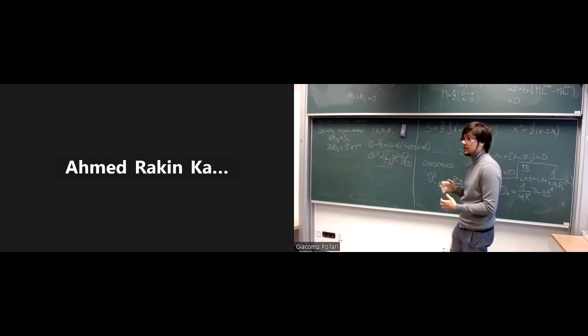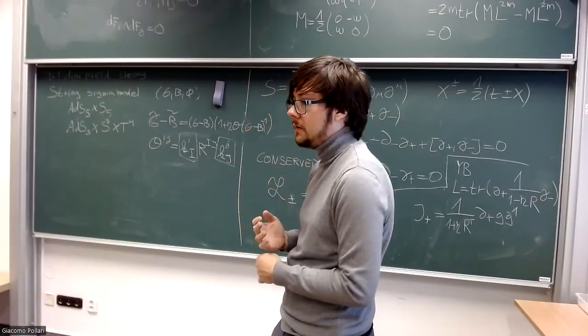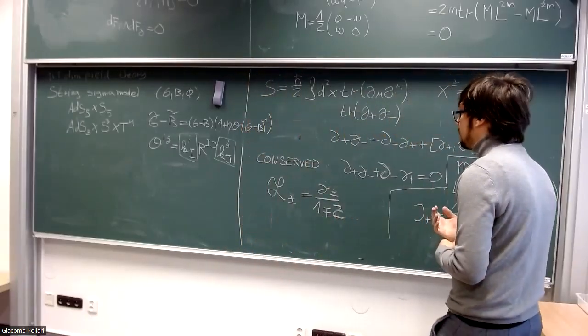I think that's everything. So just to summarize, I've shown you some of these models, like this string sigma model and this PCM. They are nice to showcase some basics of integrability. And what Linus, other people and I have been working on is more in terms of these integrable deformations. That is doing some change of this Lagrangian and seeing what this change has to look like for the integrability to still be preserved.